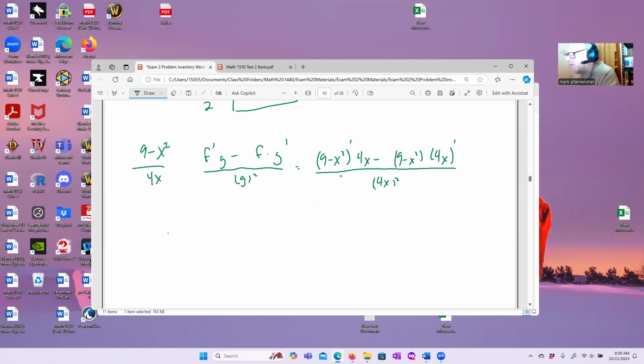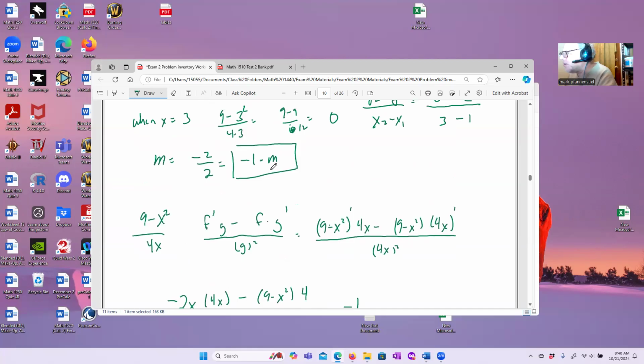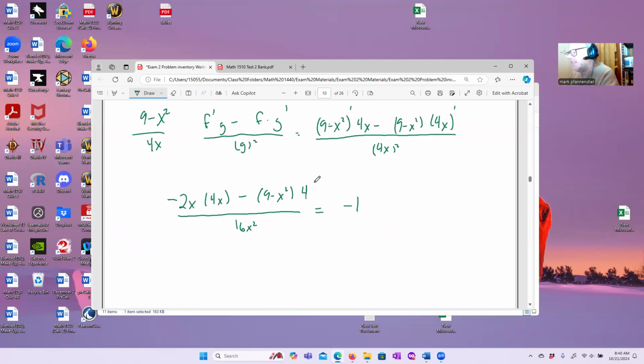So we're going to end up with negative 2x, that's the derivative of this piece, times 4x, minus, leaving the first one alone, 9 minus x squared, times the derivative of the second piece, that's just going to be 4. And we're going to divide it all by 16x squared. And this is going to be set equal to negative 1. That was the slope we found in the first step. So now we have to solve this thing. Do you remember how to solve rational equations?